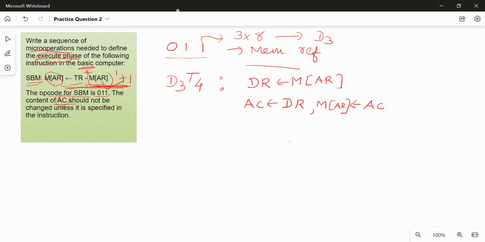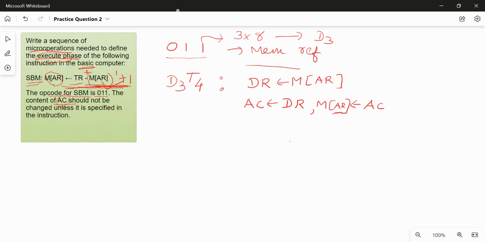So eventually you have to transfer TR to DR. So you cannot keep the content of AC in DR. And obviously you cannot transfer it to TR because TR is going to be used for providing the first operand for the operation. So you can transfer the content of AC to some memory word. Obviously the same memory word, because we are using the same address AR here.